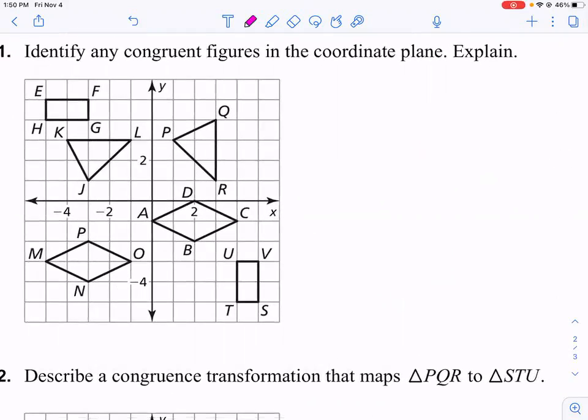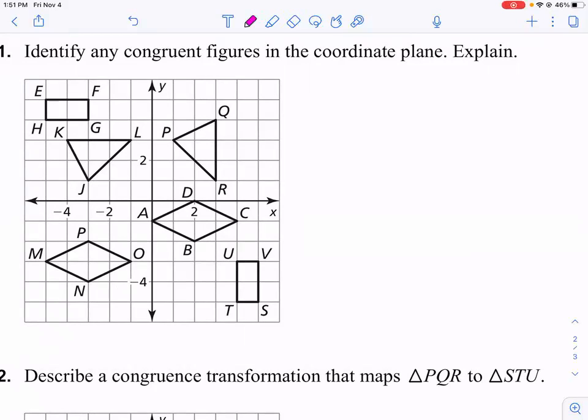Okay, I want you to turn to page 110 and we're gonna identify congruent figures. I just want you to identify the figures.